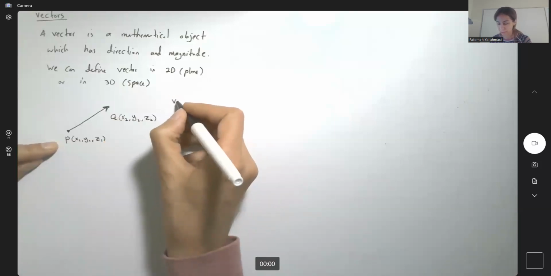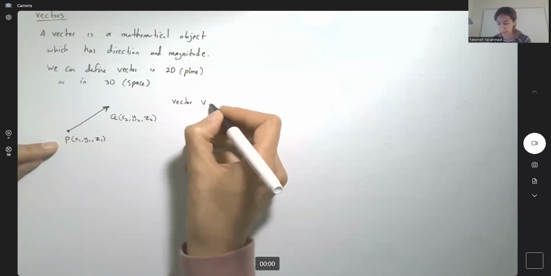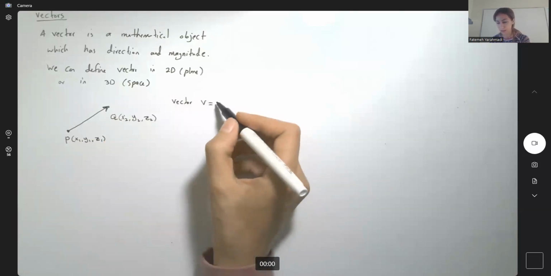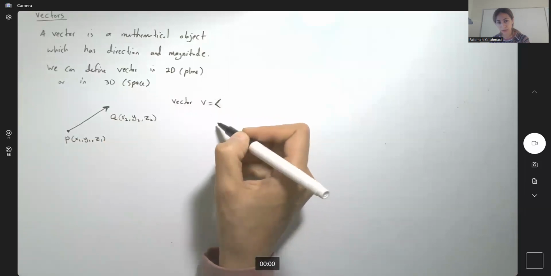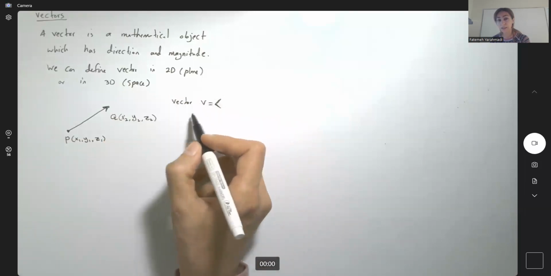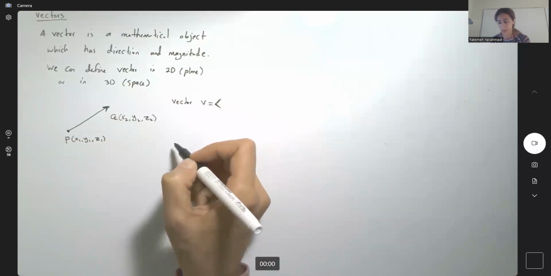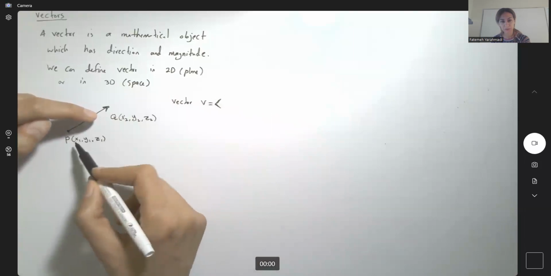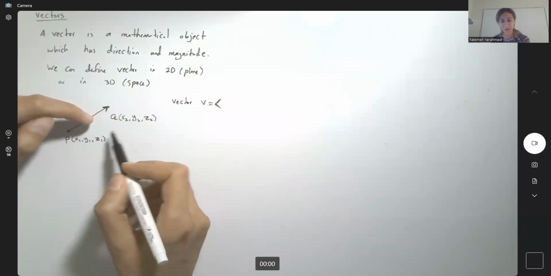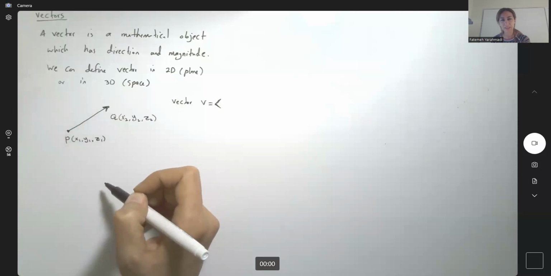We can define the vector V as, well, in many books, they use this symbol to represent vectors. Sometimes they use parentheses, but make sure you identify that as a vector. We're going to take the difference between x coordinates, take the difference between y coordinates, take the difference between z coordinates.